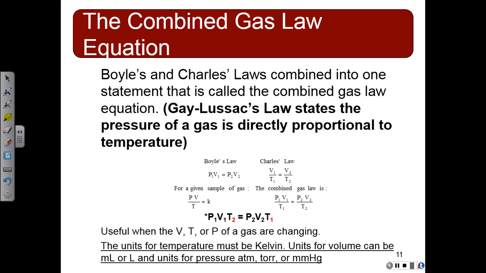For pressure, you can use ATM or torr, or millimeters mercury. It doesn't matter. You just have to be consistent. You can't use ATM for P1 and then torr for P2. That's going to throw your answer off.